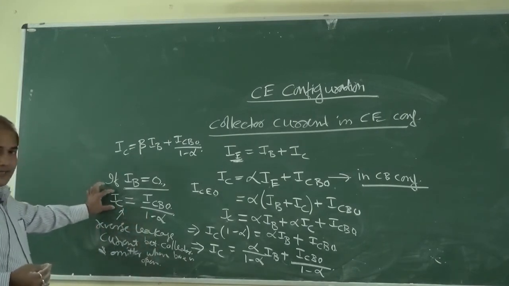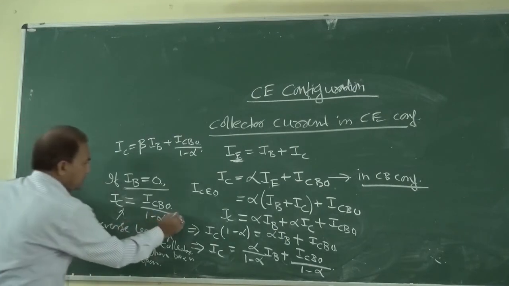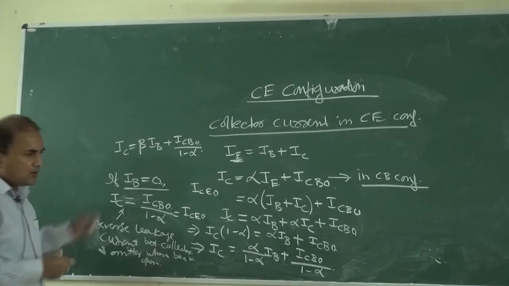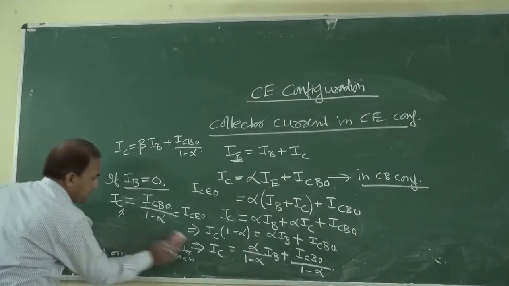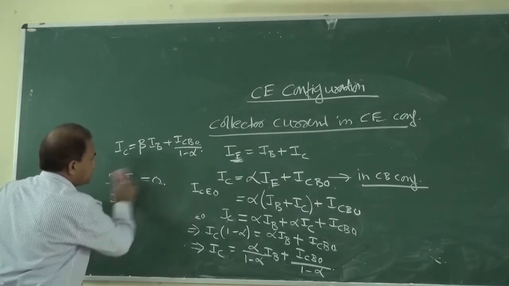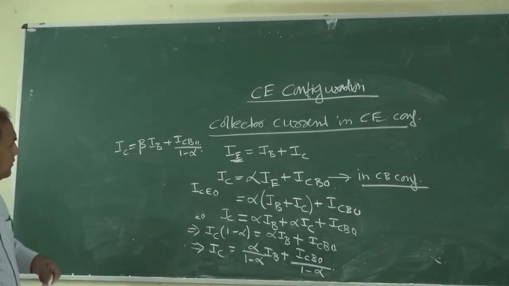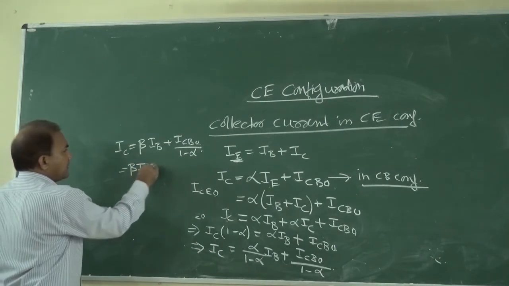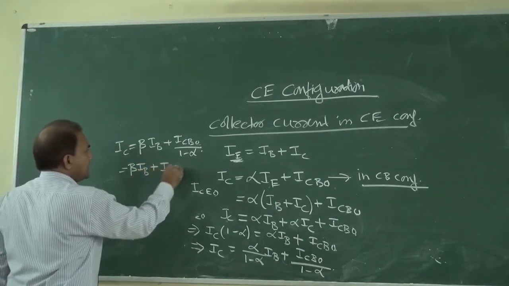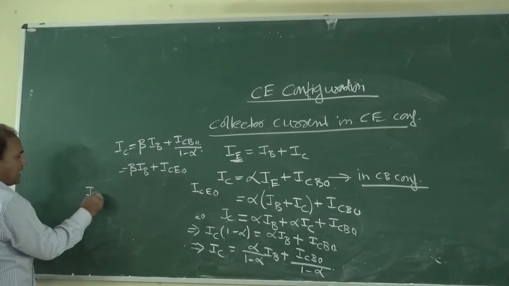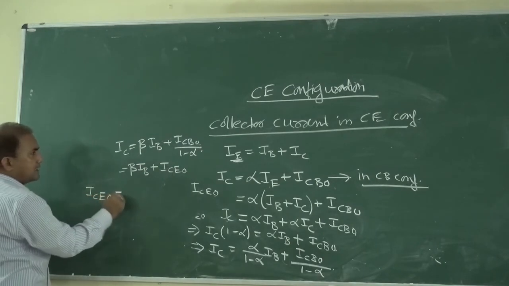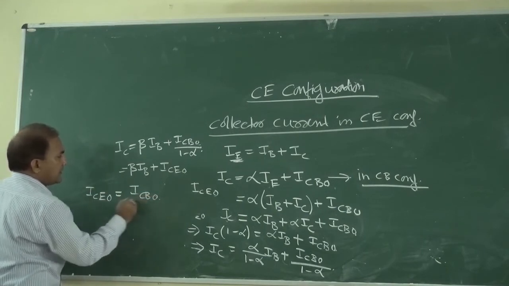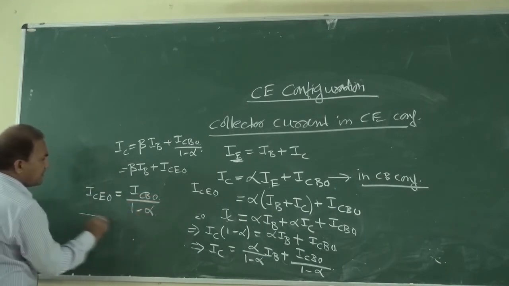So this is ICEO. We can write IC is equal to beta IB plus ICEO, where ICEO is equal to ICBO divided by 1 minus alpha.